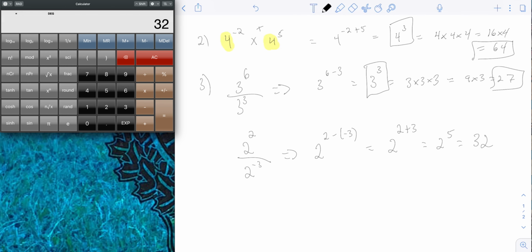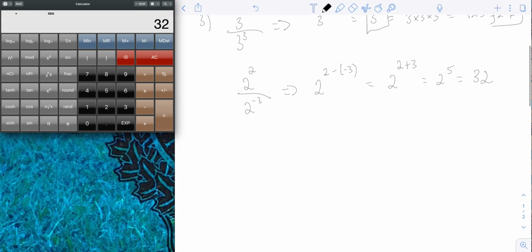And then there's one for some of the challenging questions. The challenging questions can be done in a way that is a little bit more dealing with fractions.